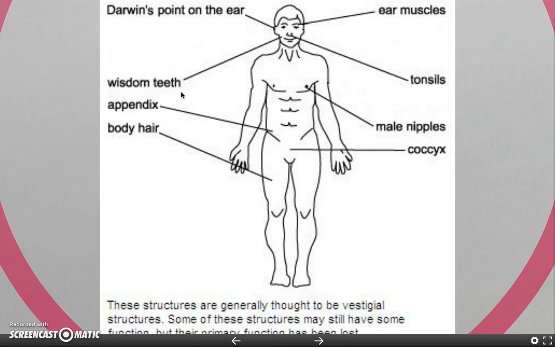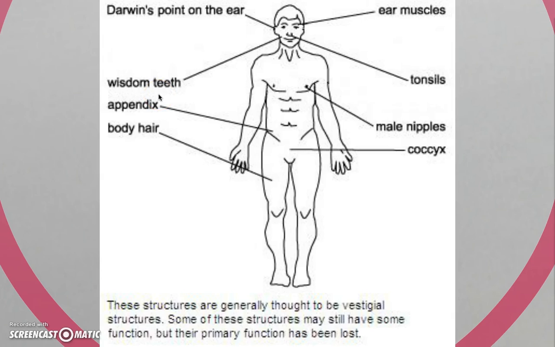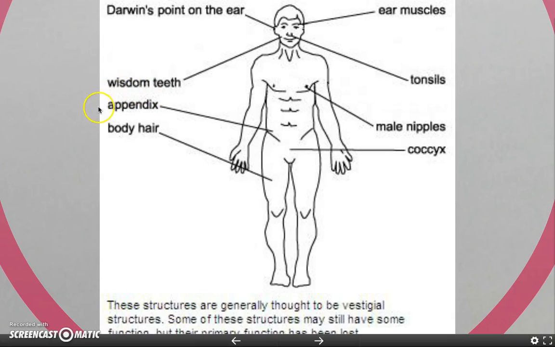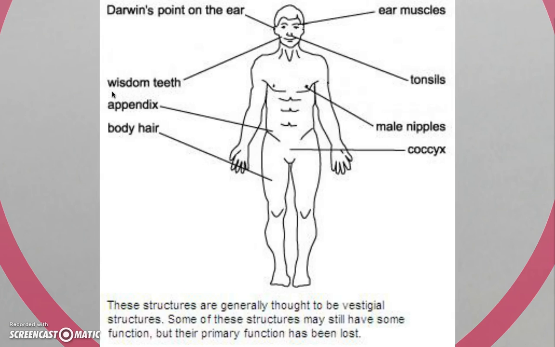But we've still got them, at least 2/3 of us do, have these teeth that come in and we have to get them removed. We also have an appendix, which is left over part of our digestive system that at one point helped us to be able to digest a much different food source than we have today.